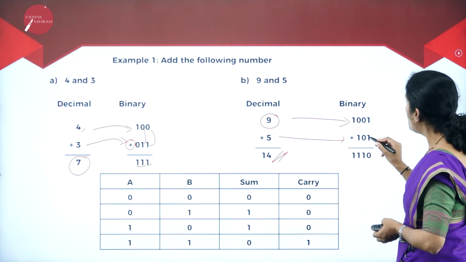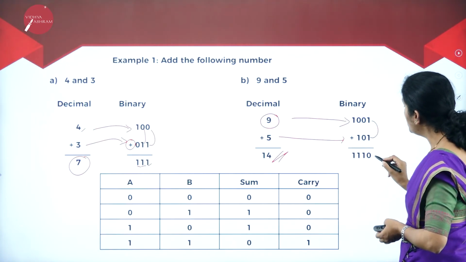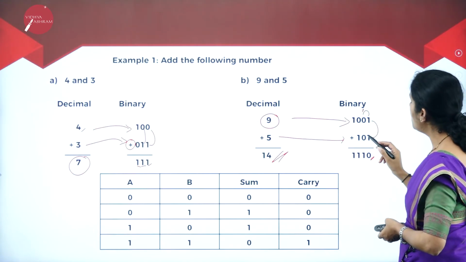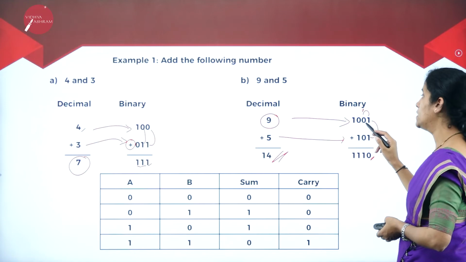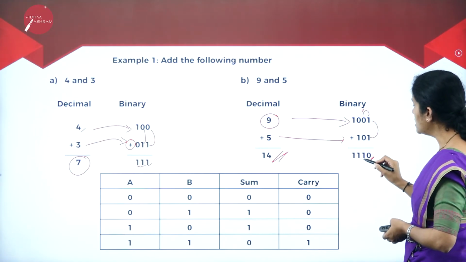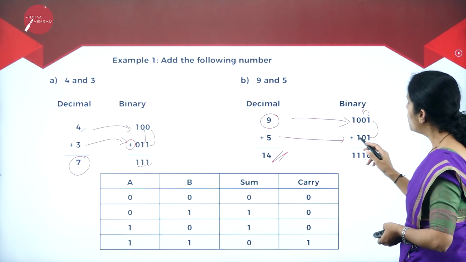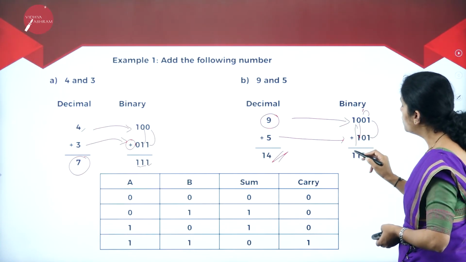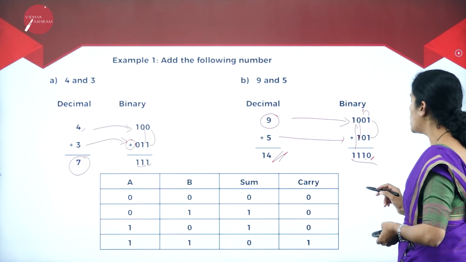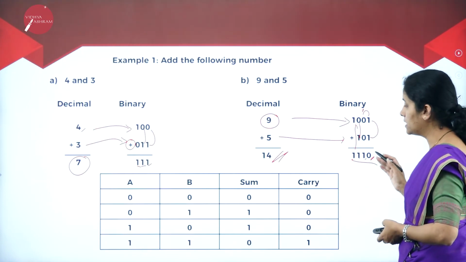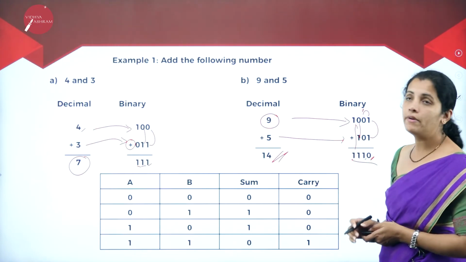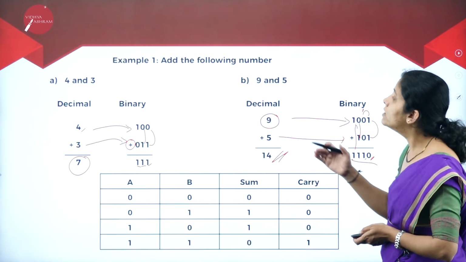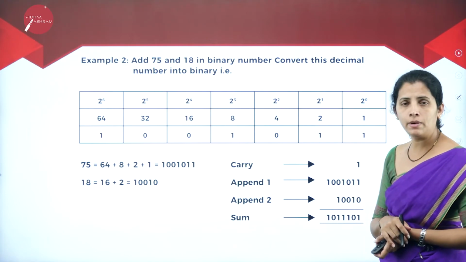That is 1 plus 1, sum is 0 and 1 carry. Now 0 plus 0, it is 0. 0 plus 1, it is 1. Now 1 plus 0, it is 1. Here 1. So 1, 1, 1, 0. That is nothing but 14. This is the way I can perform the addition of given binary numbers.